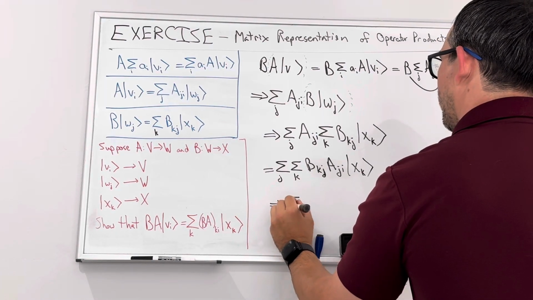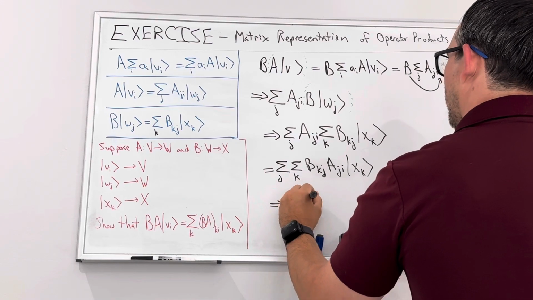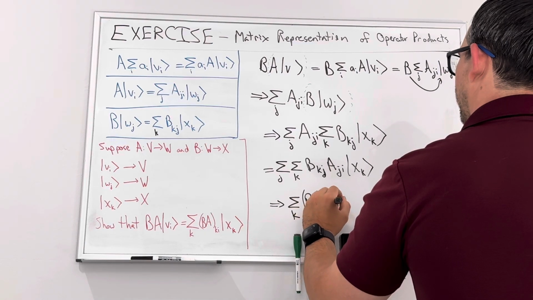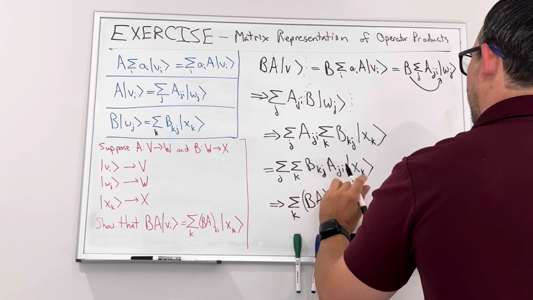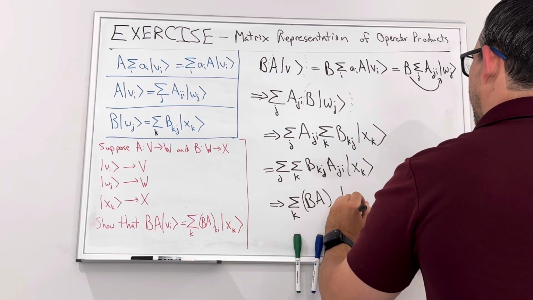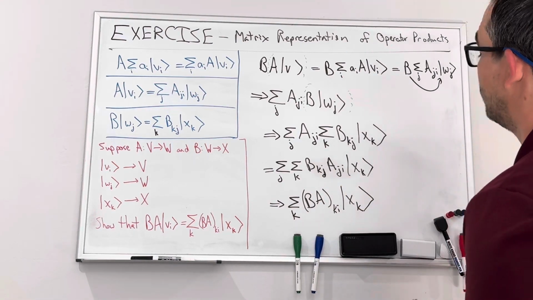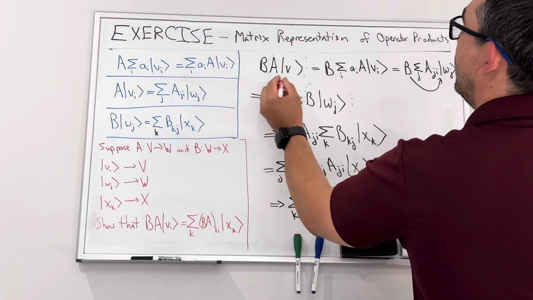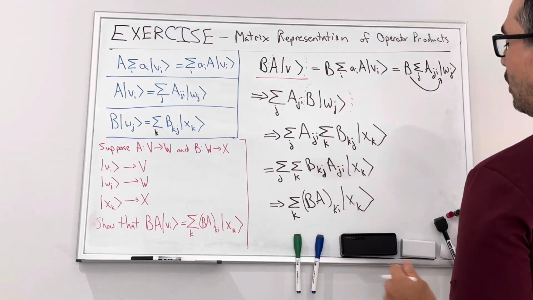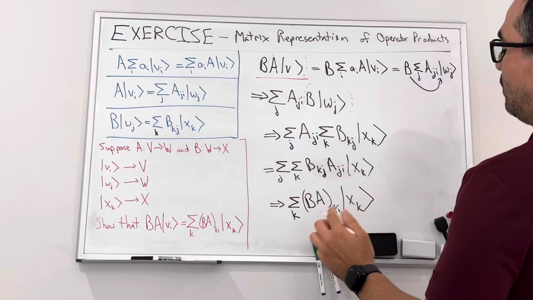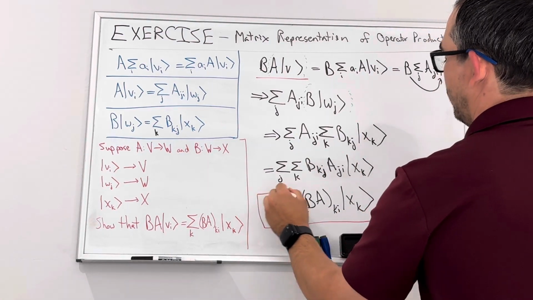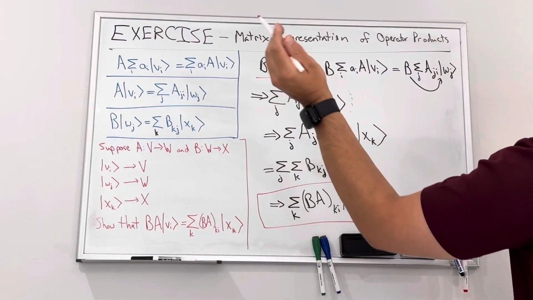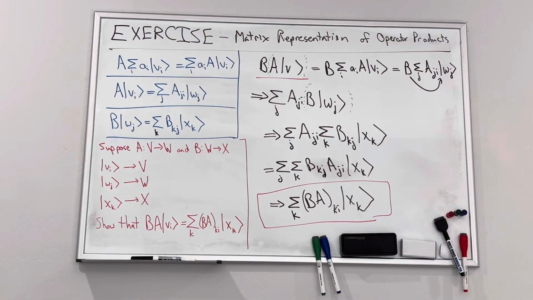So that's going to equal the sum over K of (BA)_KI, all acting on the X basis vector for the X basis. And when we take all of that together, we get that BA operating on this vector is the exact same as this matrix representation here. So we've shown that BA applied to that equals that. There you go. Easy? Maybe.